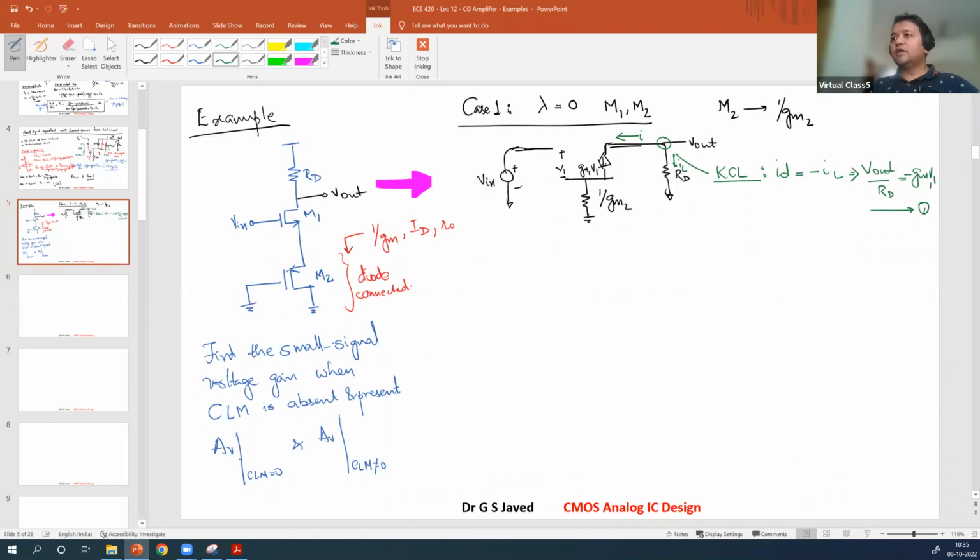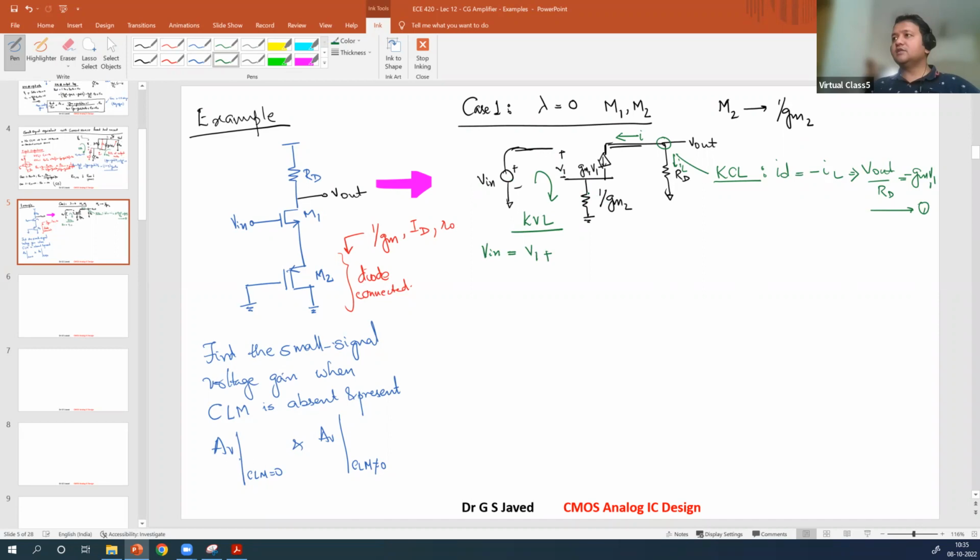Next, we have a voltage source and a resistor here, so we will apply KVL. When you apply KVL, what do you get? The supply V in is equal to the drop across these two transistors. So V1 plus IS.